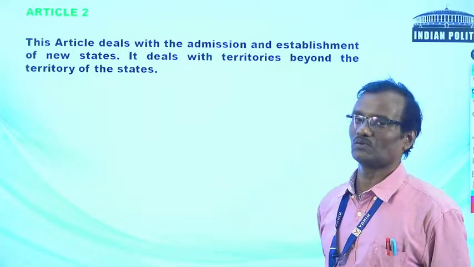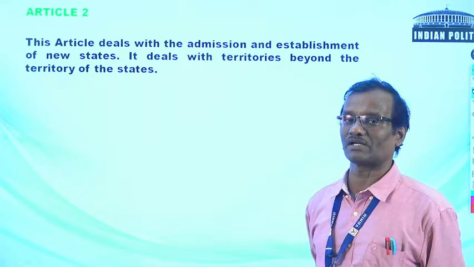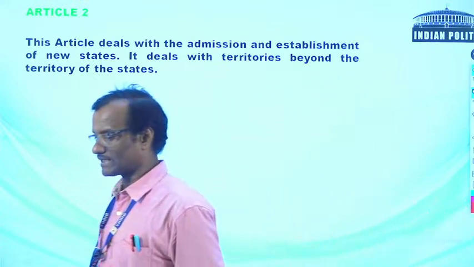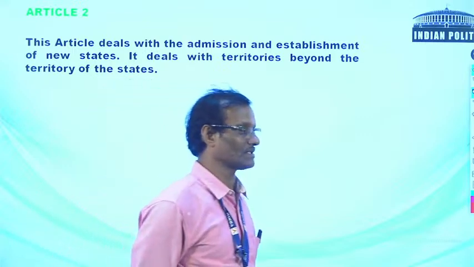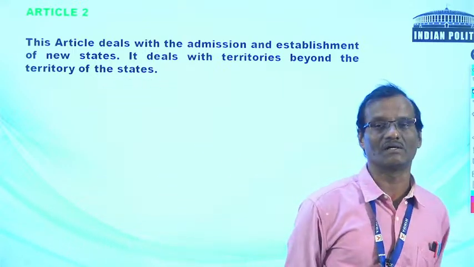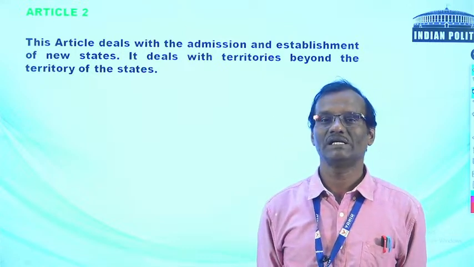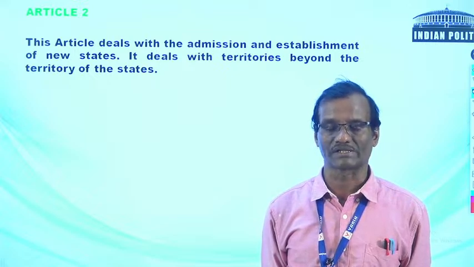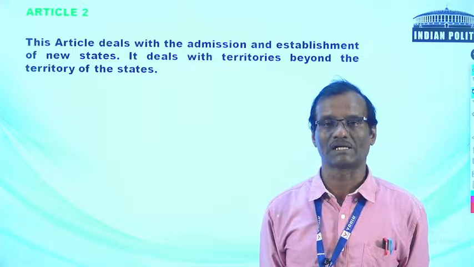Then article 2. Article 2 deals with the admission and establishment of a new state. Means whenever a region or an area which is not a state at present is declared or converted into a state, then it will come under article 2.